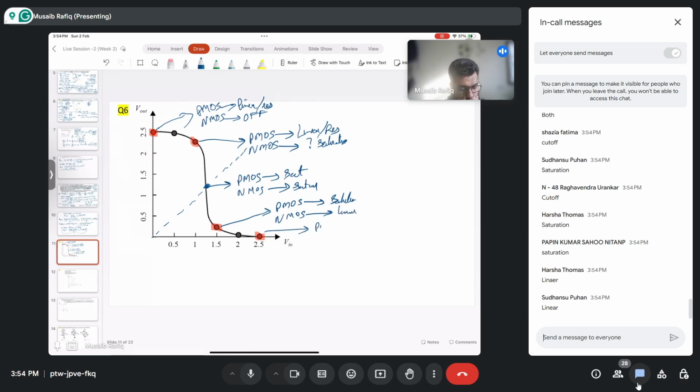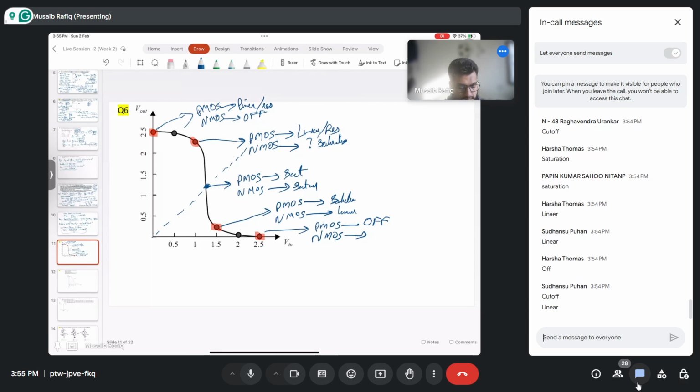What about here? PMOS? Off. And NMOS? Linear and resistor. So I would like one of you to answer a student why NMOS is in saturation here. Can anyone answer in the chat box why NMOS is in saturation here?